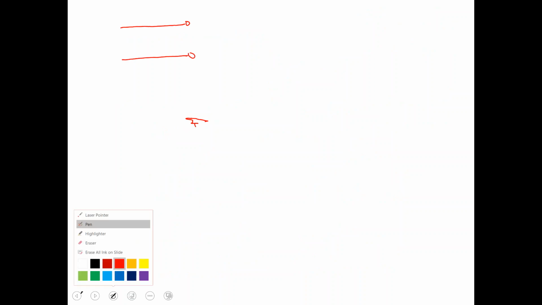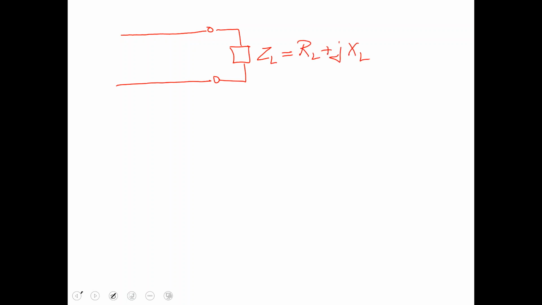The next question which comes is, I have this waveguide, and let's say I want to do matching of the load. And again, matching of the load, how did you do matching of the load in the transmission line? You had a load ZL, which in general could have a resistance and a reactance, RL plus jXL.